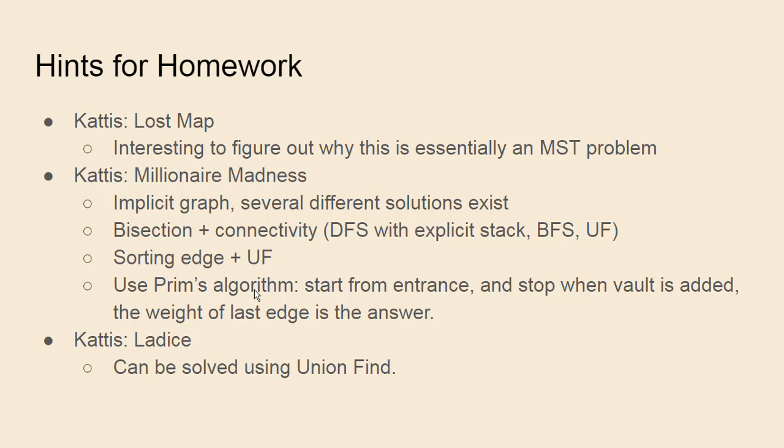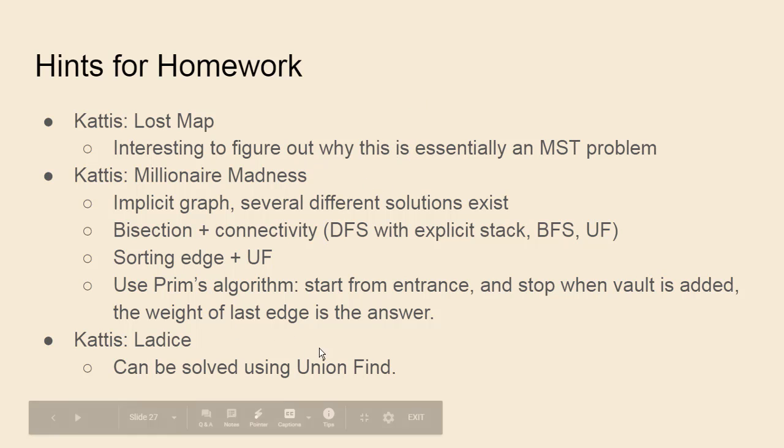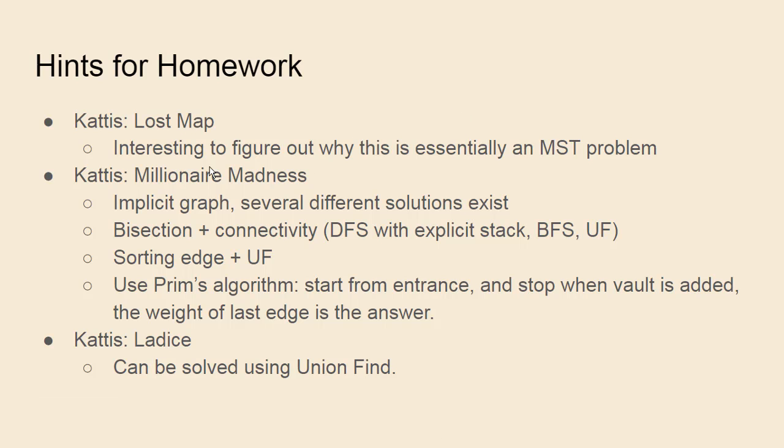Lattice is a problem that can be solved with UnionFind. Millionaire Madness is a problem that can be solved in many different ways. I think that's one of the reasons that it's an interesting problem.